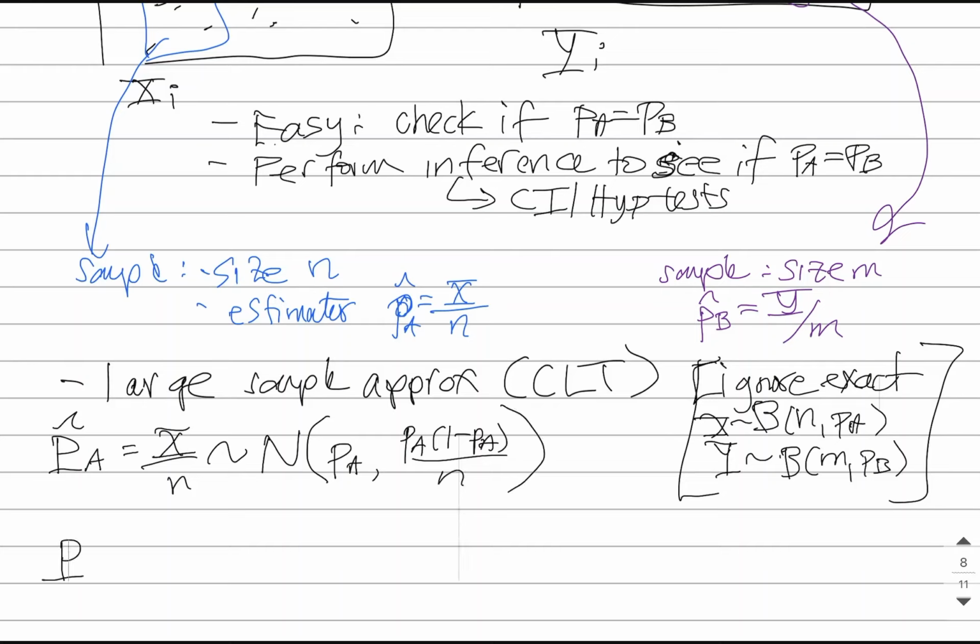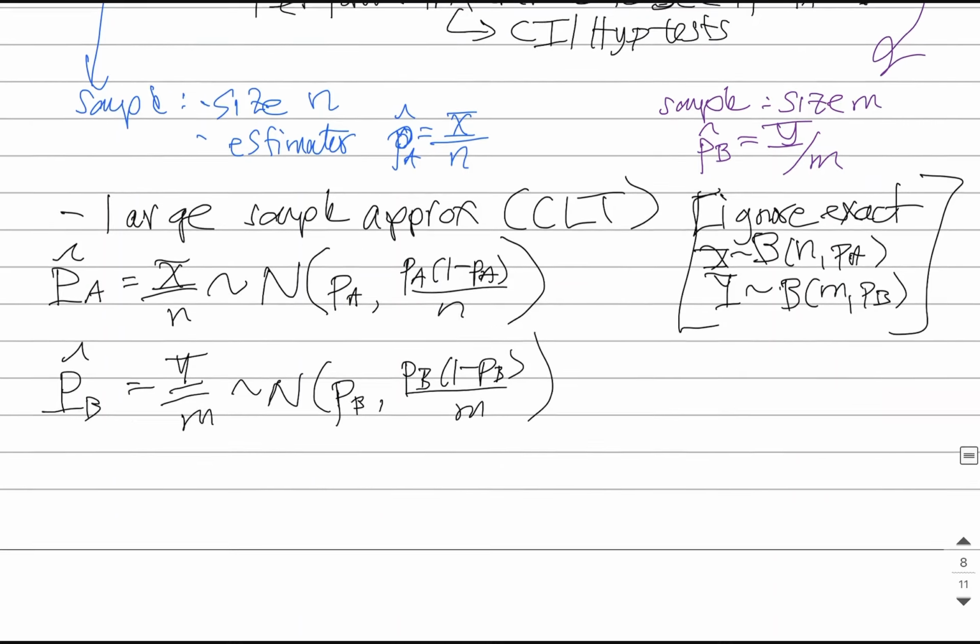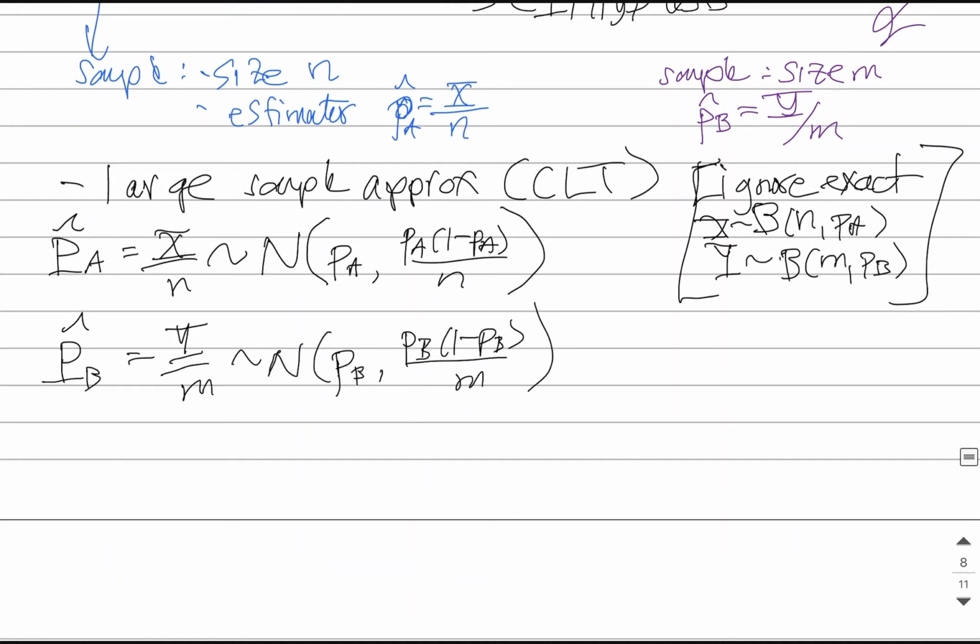And similarly, the estimator for B will be the number of successes over m, and just like in the previous video, this will be given by these expressions. This is exactly the case as it was before, so there isn't a lot of difference, and I'm just stating the results there.